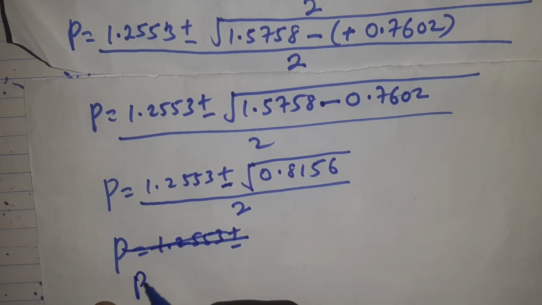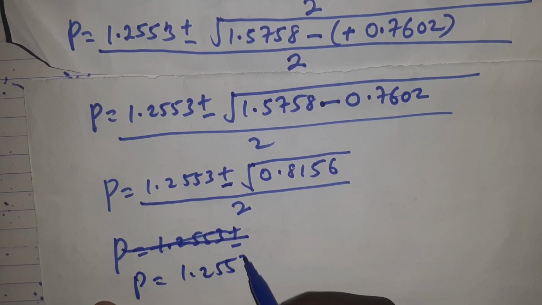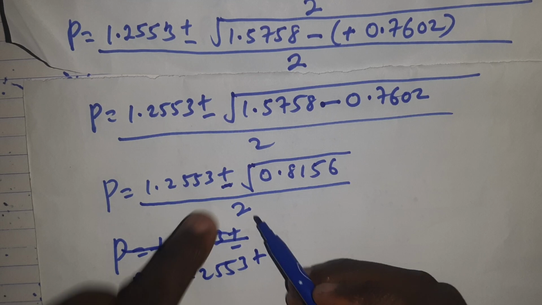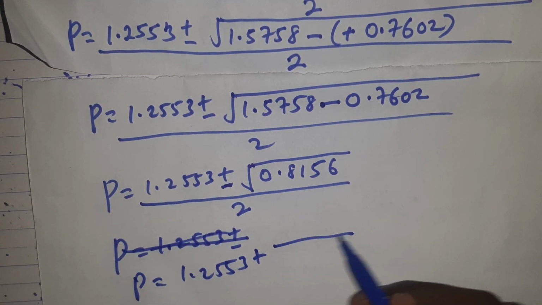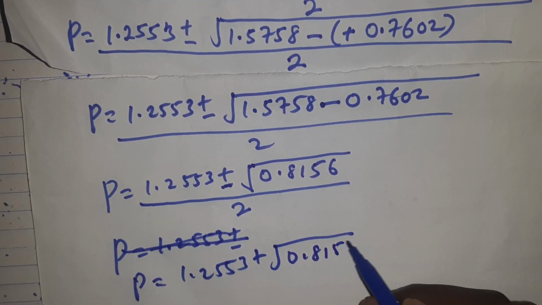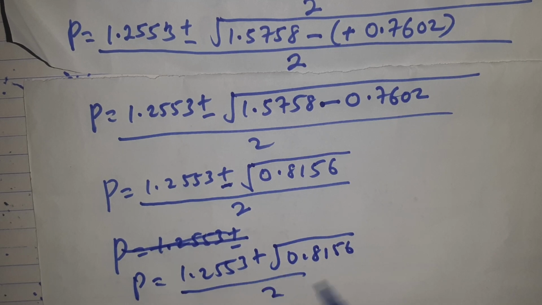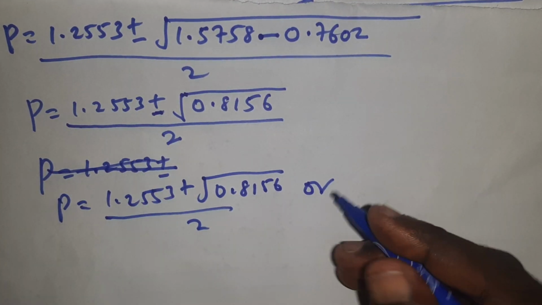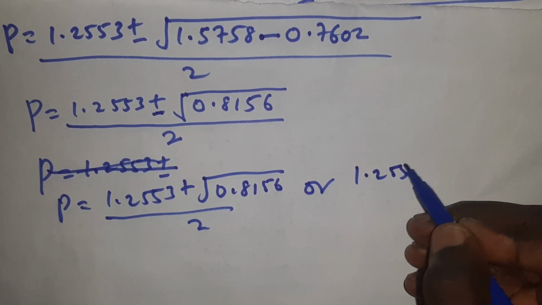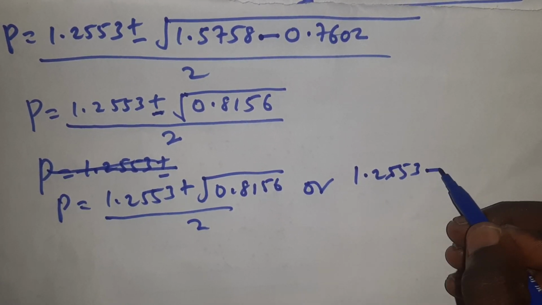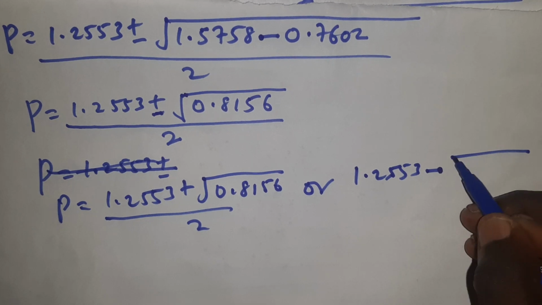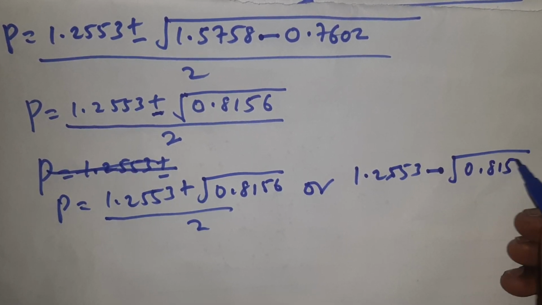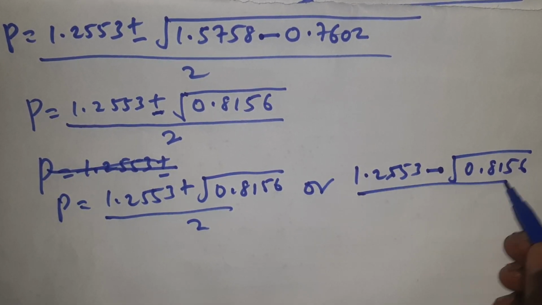We can say p equals 1.2553 plus, write the one with plus first of all, plus root 0.8156 over 2, or we use the minus sign now, 1.2553 minus root 0.8156, everything over 2.